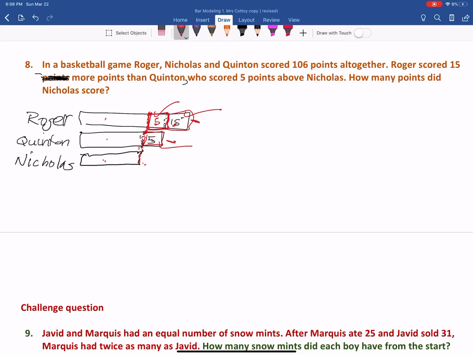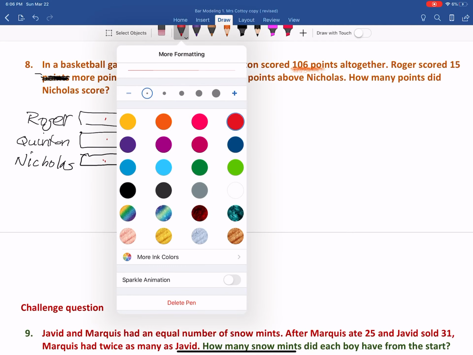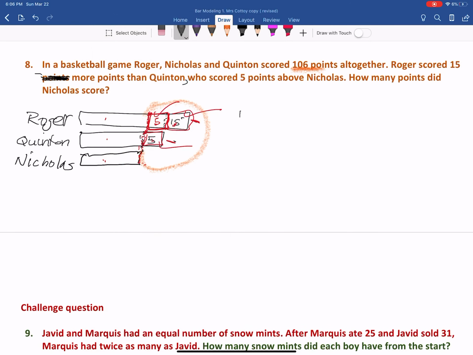What are you taking away the extras from? You are taking away the extras from 106. So 106 take away, what are the extras? 15 and 5, 20 and 5, 25.